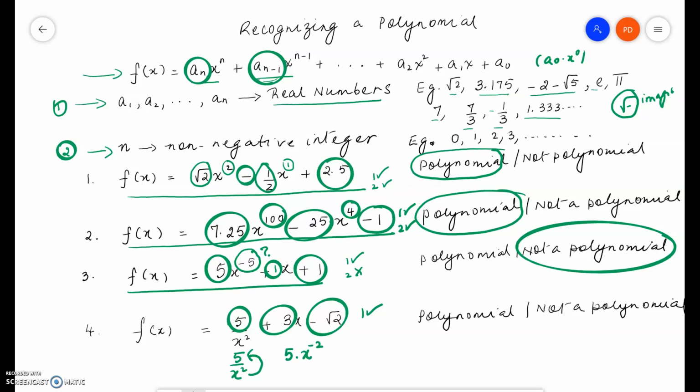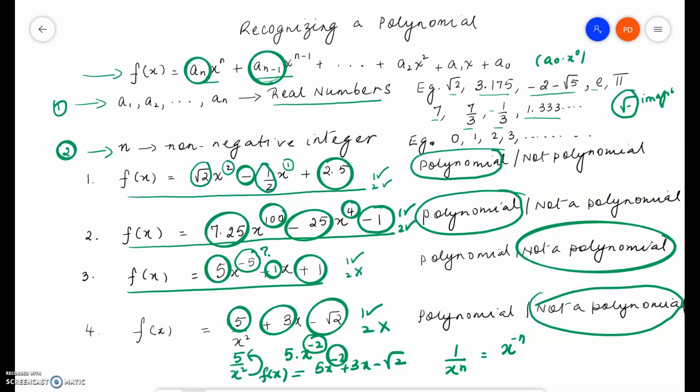When we move x to the n from the denominator to the numerator, we have to change the sign of the exponent. That's one of the rules of the exponents. So this is a problem. So basically we have 5x to the negative 2, that's what f of x is, plus 3x minus radical 2. So the second condition is not satisfied. So therefore it is not a polynomial.